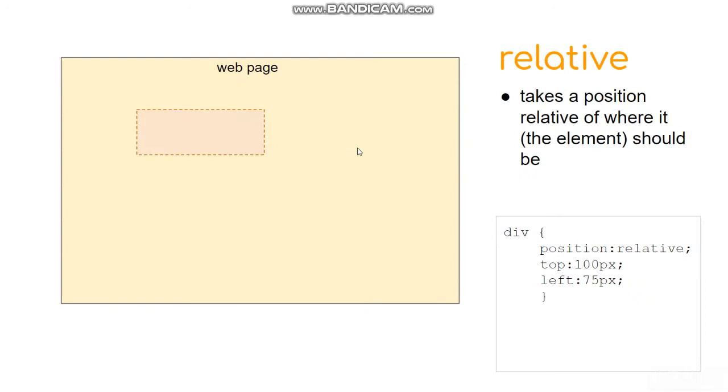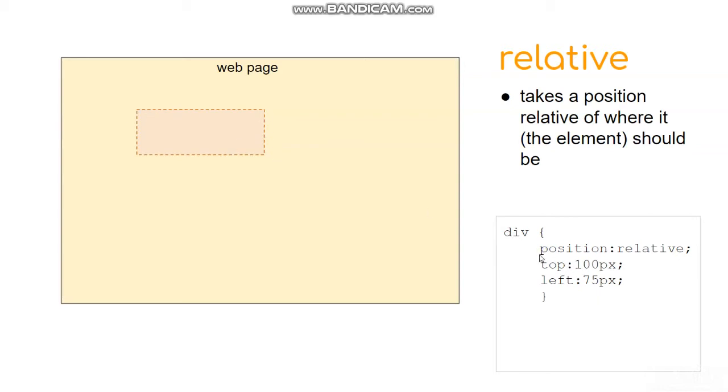Now, the relative is really interesting because it will determine the position of an item relative to where it should have been. So, assuming that this is a web page and this is your div, if the div is supposed to appear here, that's the natural place it's supposed to appear, we can tell it to appear in a different place, but with this as its original position.